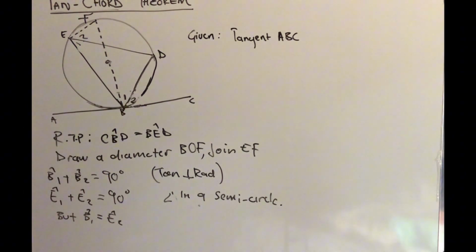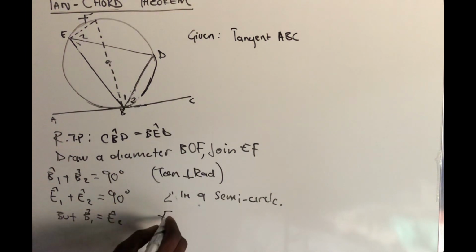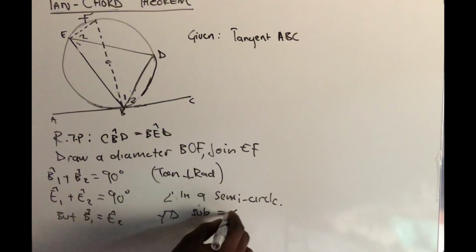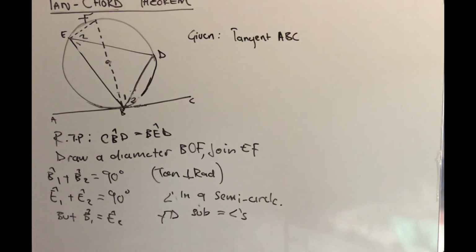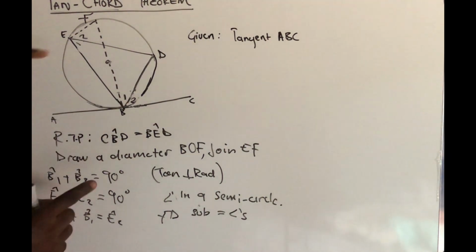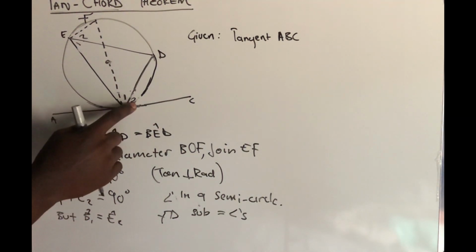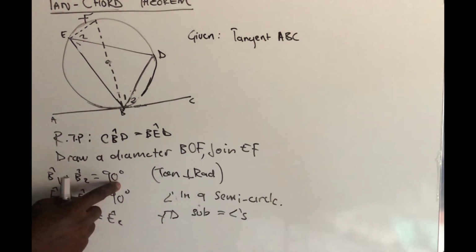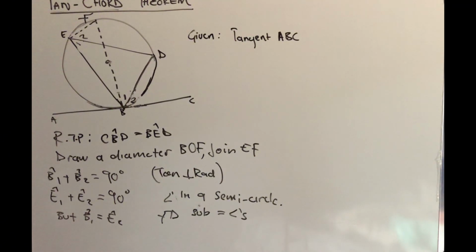Hence E2 and B1 are equal. FD subtends equal angles. So if this one is equal to this one, automatically this one has to be equal to this one, because both of them, when you add, we get 90.